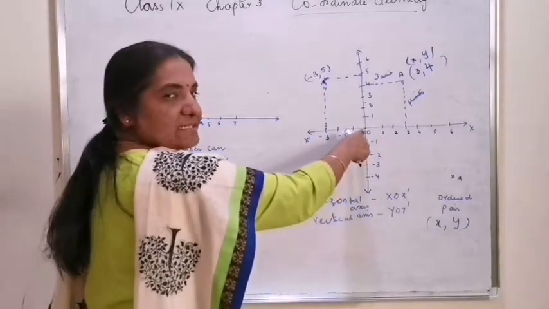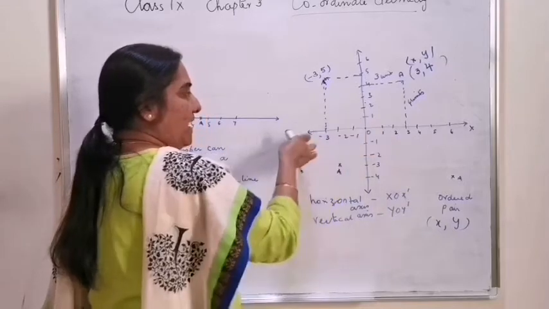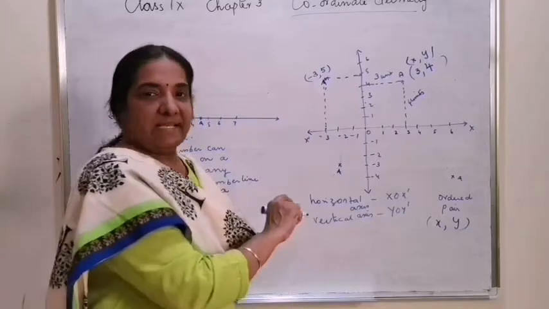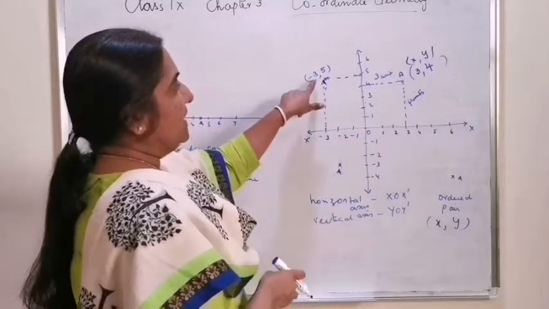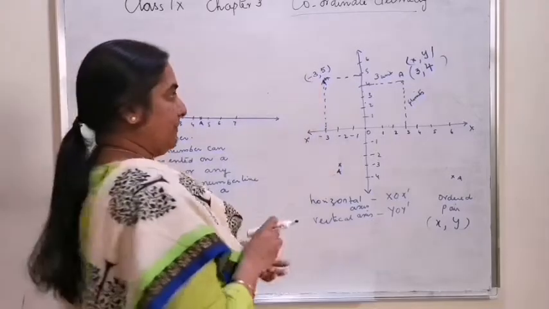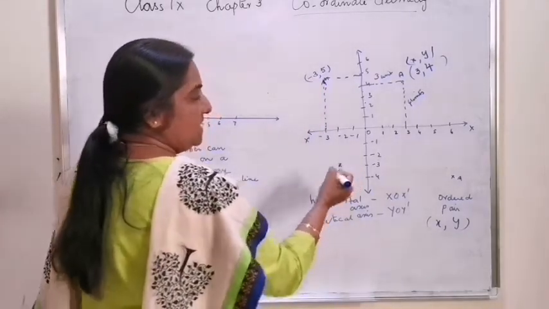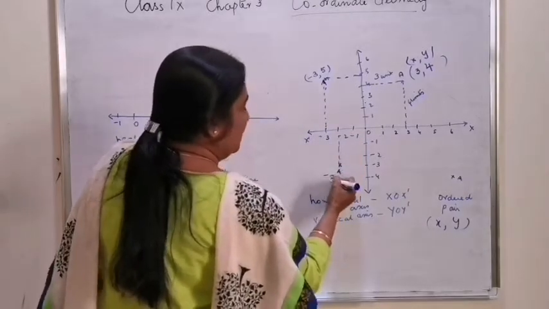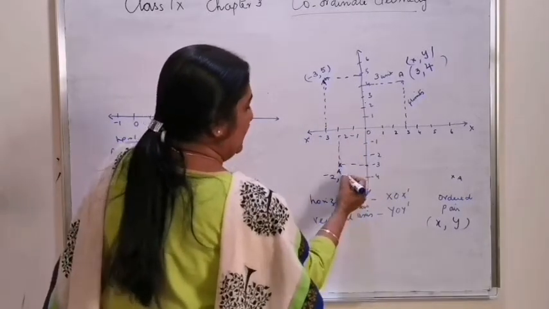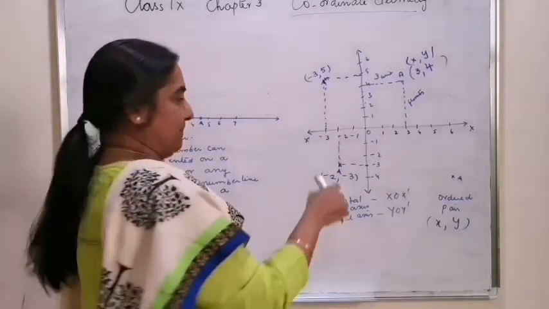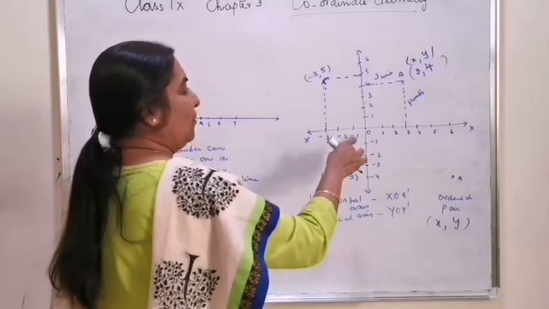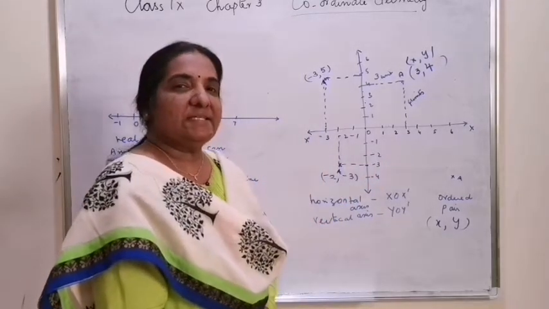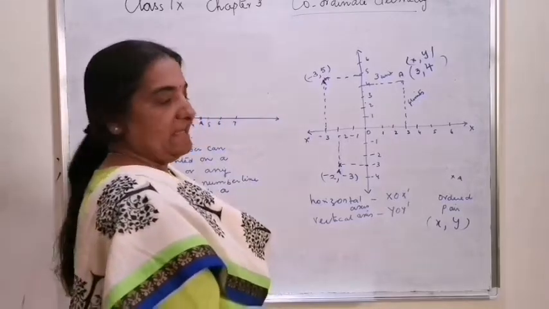The part of this number line OX dash represents the negative direction of the x-axis, and so the coordinate is -3, 5. Similarly, if A is in this position, the x value will be -2 and the y value will be -3. That is, it is at a distance of 2 units from the y-axis and the y value is at a distance of 3 units from the x-axis.